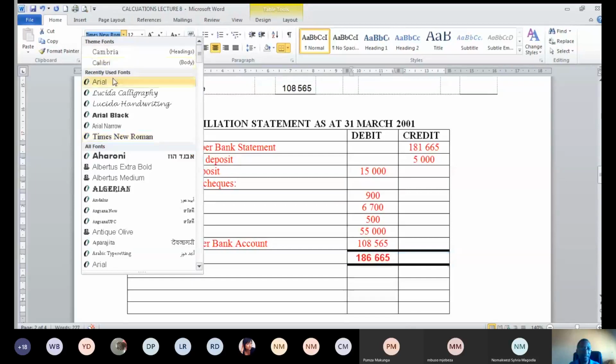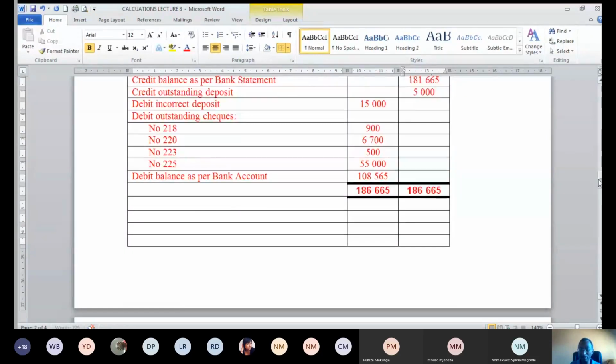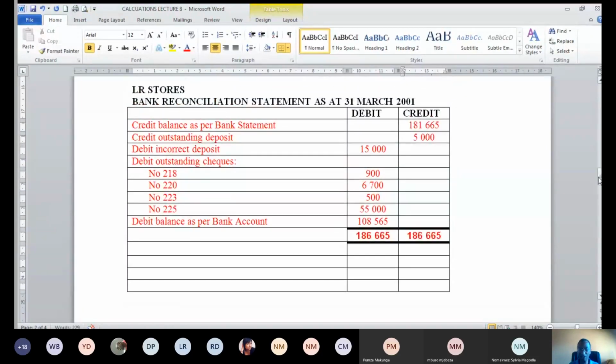You add up the credit side, guys. 181,665 plus the 5,000, and that will give you 186,665. So you can see that the debit side is equal to your credit side, and your bank reconciliation statement will then balance.